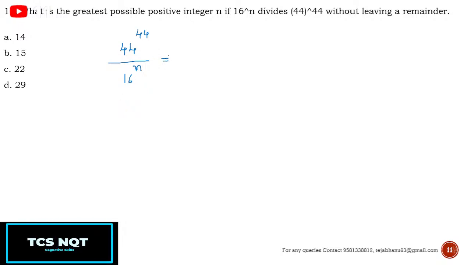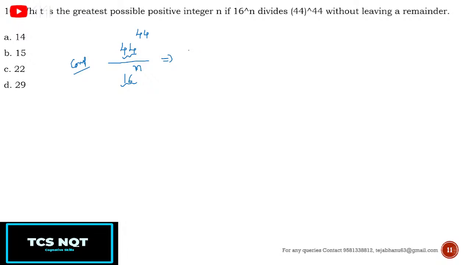Now, have a look. As these are the composite numbers, try to write in prime basis. That is, have a look of it.